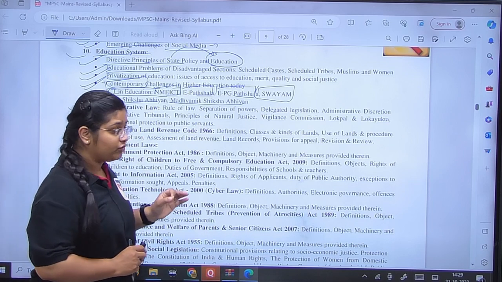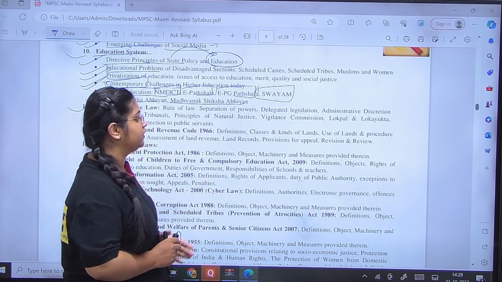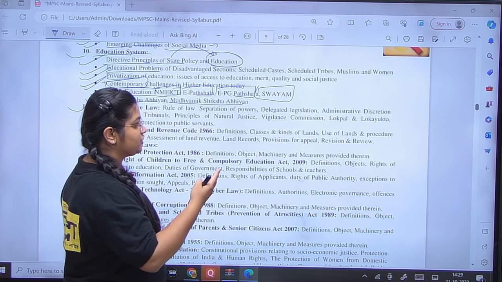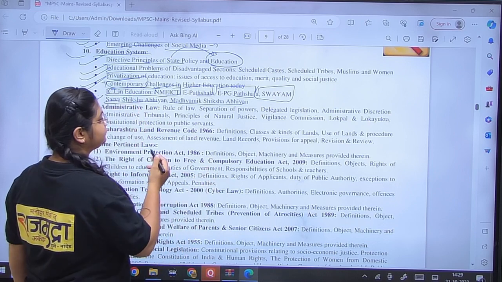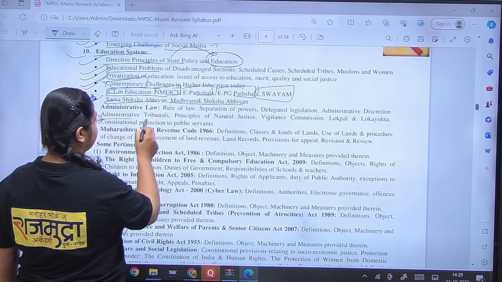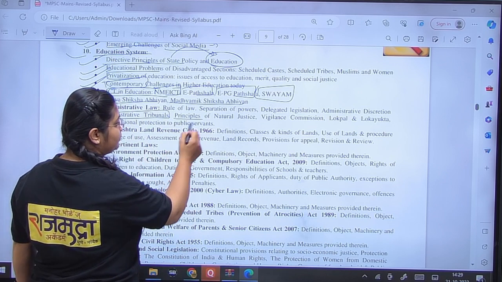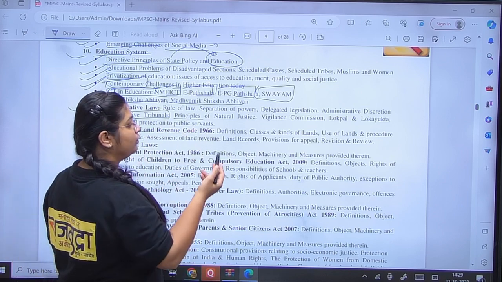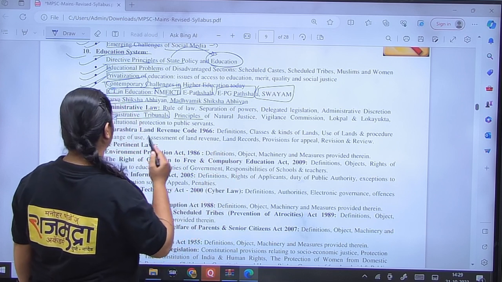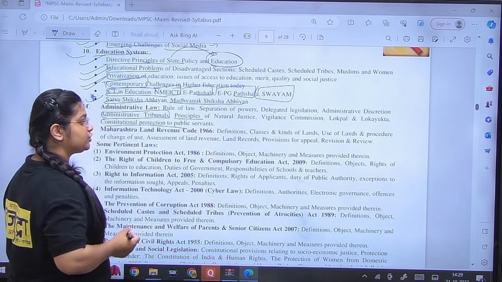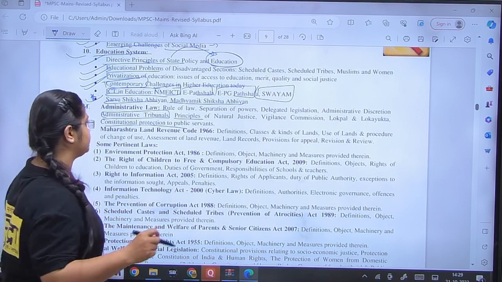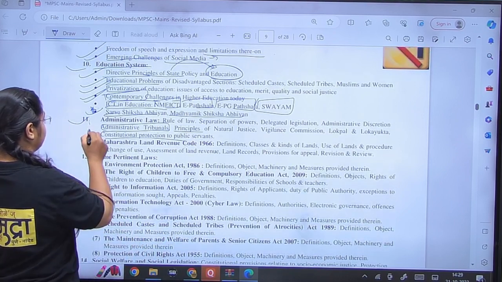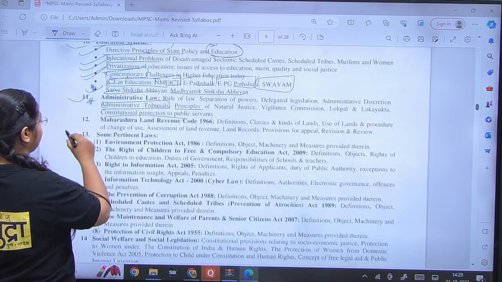What is rule of law? What is separation of powers? What is delegated legislation? Then administrative discretion, administrative tribunals, principles of natural justice, Vigilance Commission, Lokpal and Lokayukta, and constitutional protection to public servants. We are going to study about it.